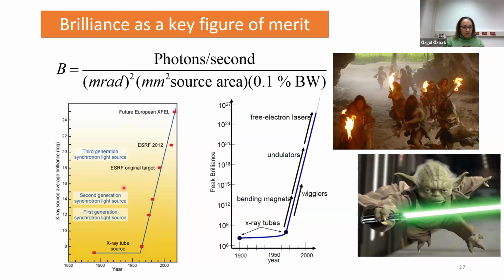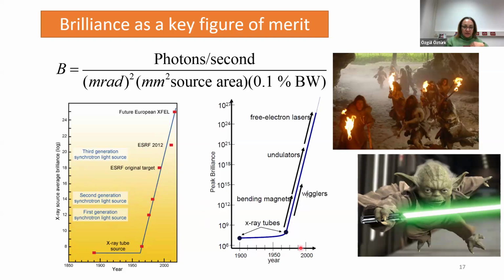And here in this plot, you see the historical evolution of the average brilliance over more than a century. We start with X-ray tubes, then move through first, second, and third generation synchrotron sources. This leads to orders of magnitude increase in brilliance, and facilities like ESRF already represented a dramatic leap compared to earlier sources.